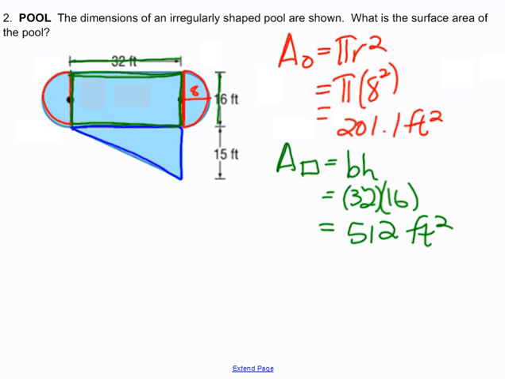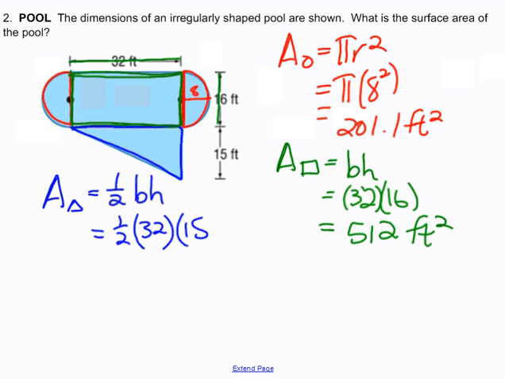Now I'm going to do the area of the triangle, and that equals 1/2 base times height. 1/2, the base is 32, the height is 15, and that works out to 240.